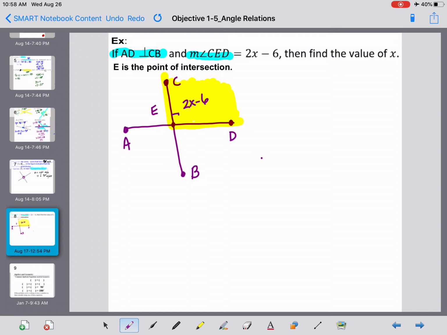And I also know that if those two segments are perpendicular, I got a right angle. How many degrees is a right angle? Yeah, 90 degrees is a right angle. So 2x minus 6 equals 90.